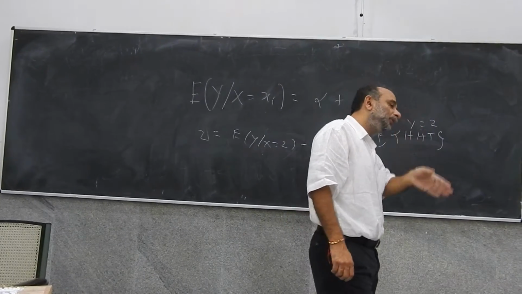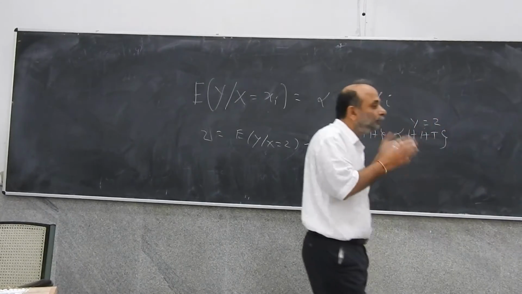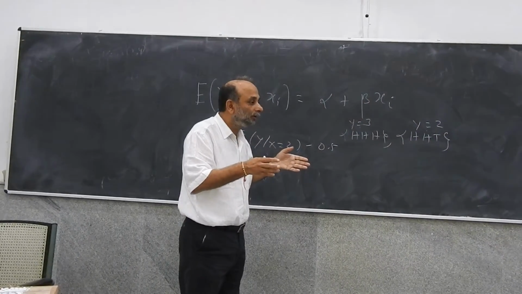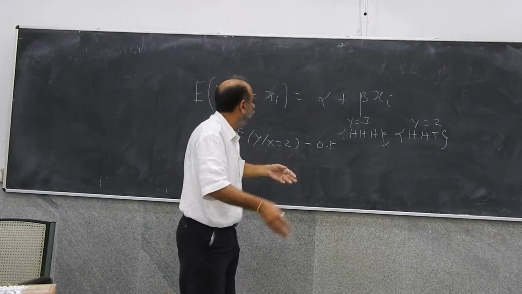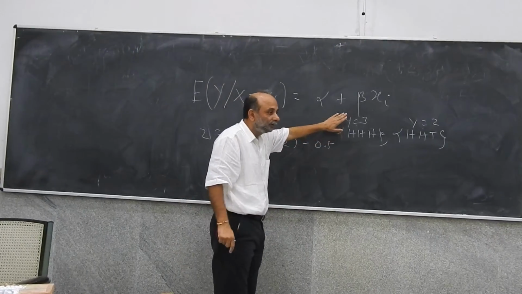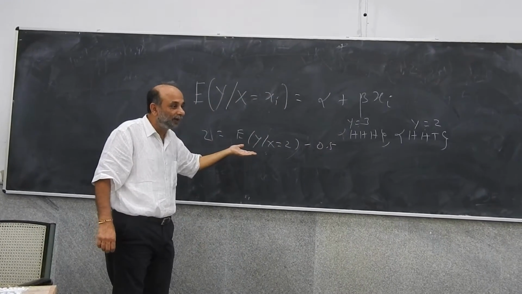So 1.5 plus 1 is how much? 2.5. That's why it's 2.5. That's why the conditional mean of y given x equal to 2 is 2.5.